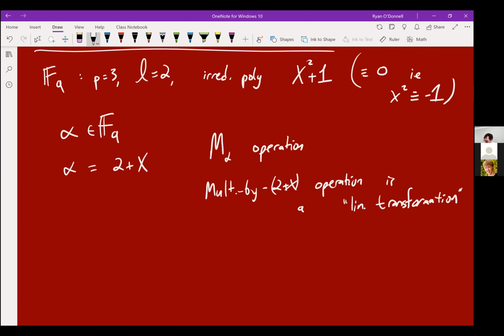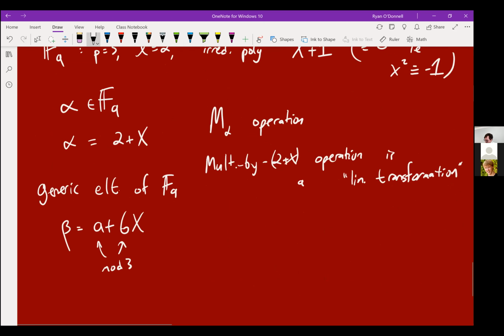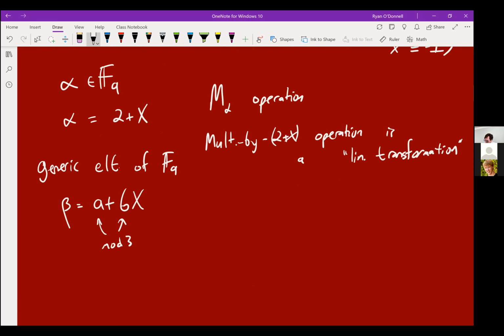So a generic element of F9 is a plus bx, or a plus bi, where these are mod 3. And how do we multiply this by alpha? We call this beta. On one hand, from the previous part, we're also in the back of our minds thinking of beta as a vector, a, b.